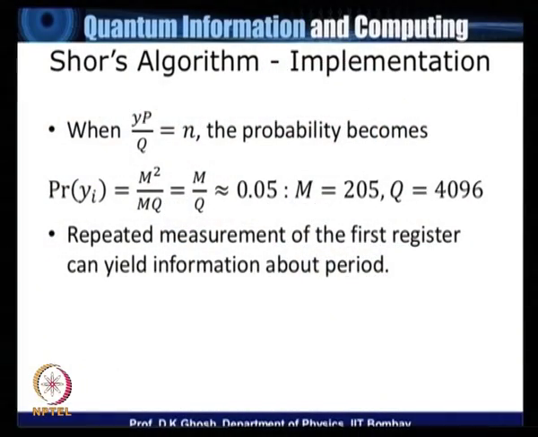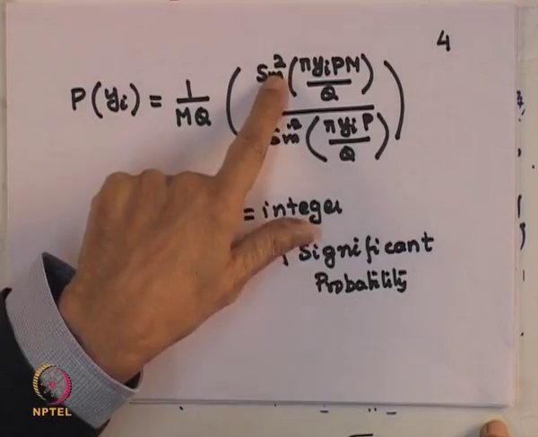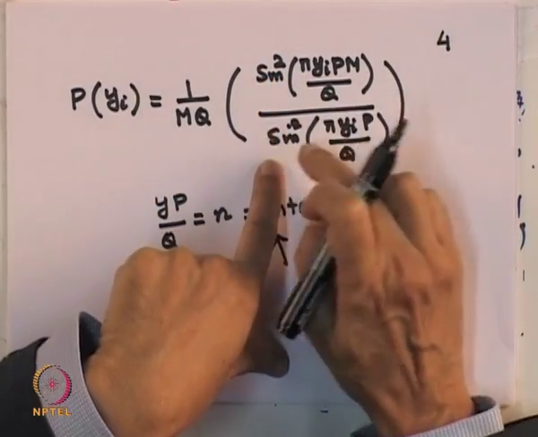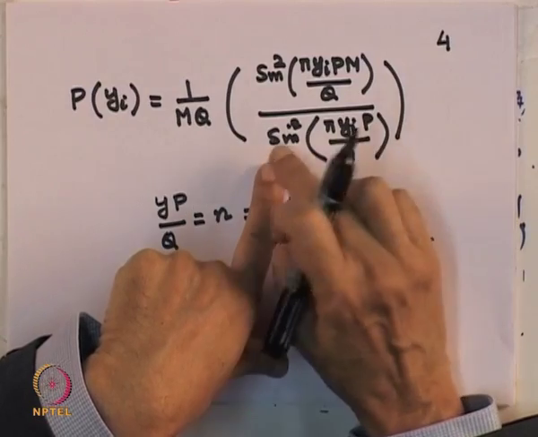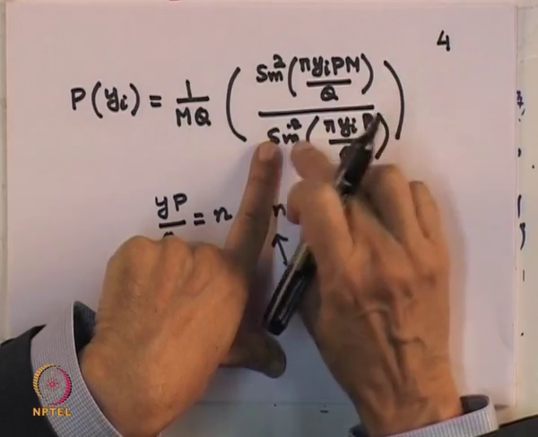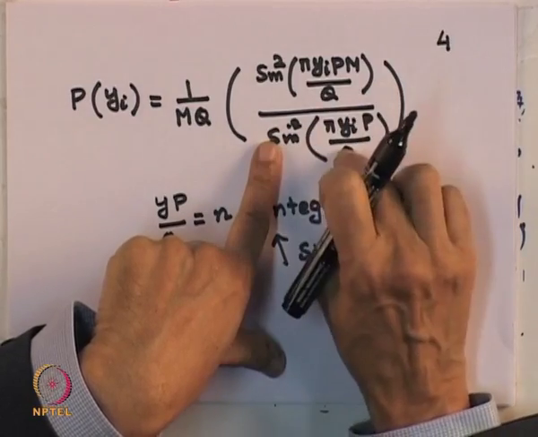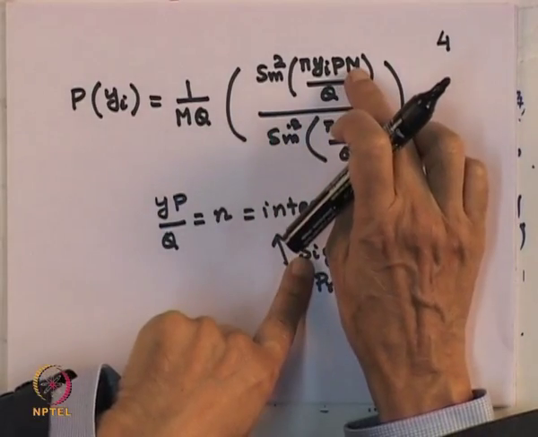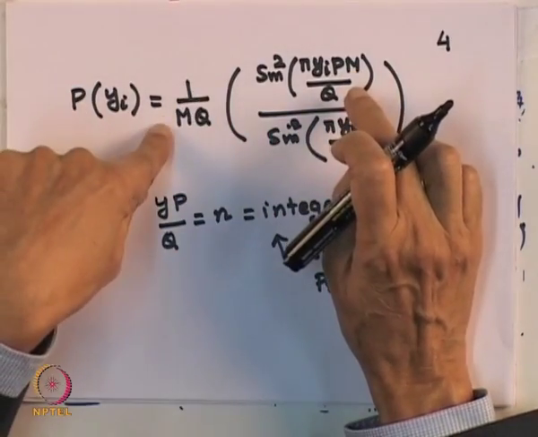Let us look at the slide there, and when this happens, this thing will approach m square, because this is sine square alpha x by sine square x, and when x tends to 0, this has a limit alpha square. So in this case it is m square, and therefore it is m square by mq.